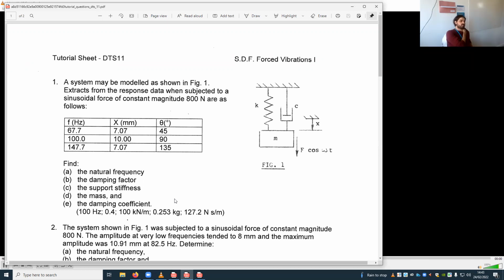If we go at 100 hertz, we get 10 millimeters out of it, and we get 90 degrees. And if we go at 147.7 with our force, then we get 7.07 again out of it, and 135 degrees. You want to find the natural frequency, damping factor, support stiffness, mass, and damping coefficient of all these things, just looking at the data. So how do we find this?